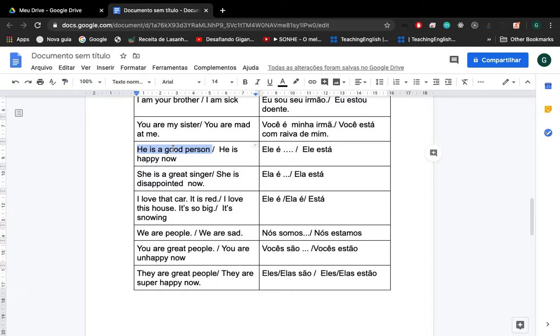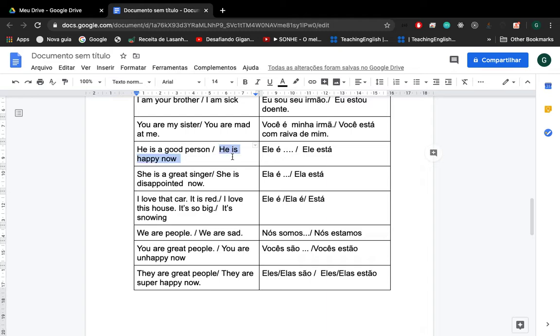Even if it can change, it's the character of the person, a characteristic that's not supposed to change. So he is ele é, because it's supposed to be something that's not going to change.